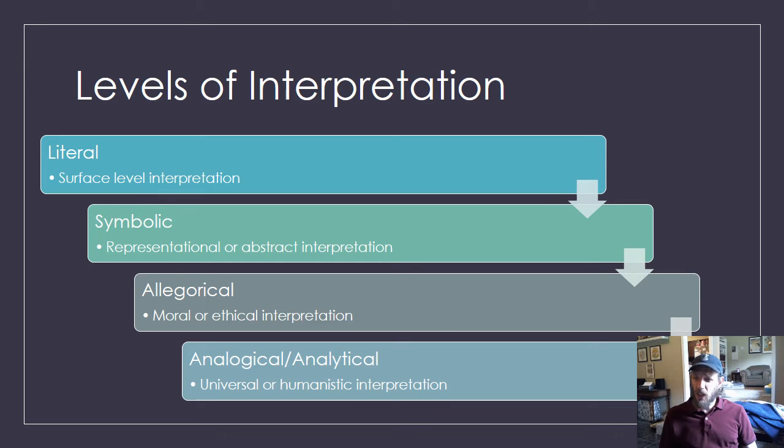Allegorical is like symbolic, but it takes the whole story, or the whole composition, the whole thing that you're looking at, and likens it to something else. And then the analogical or analytical is considering everything that's there, why we are making the interpretations that we're making, to come to a deep understanding of what is being communicated on a very human level.